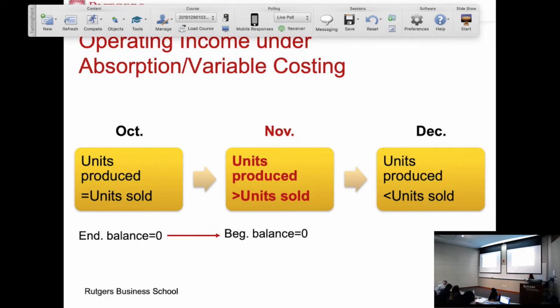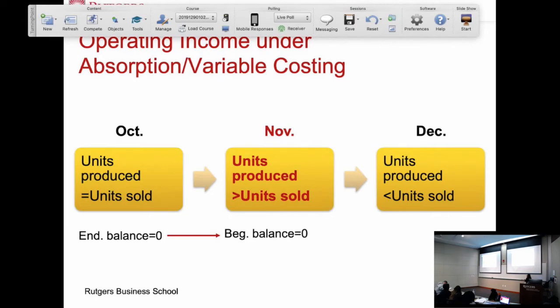So if we have that information, then in November, what's the amount of the beginning balance? In October, we have 0 beginning balance, and the units produced are the same as the units sold.